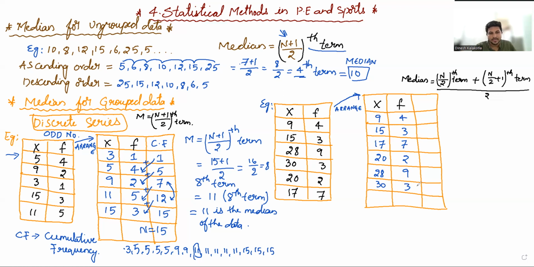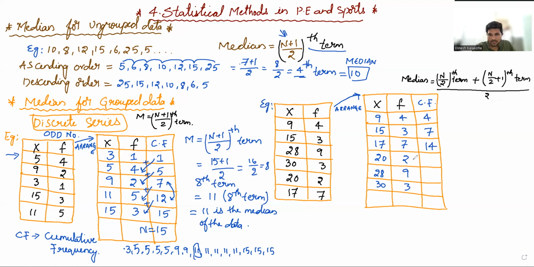The same thing, you have to take out the cumulative frequency first. Write as usual the first number. So 4 plus 3, this is 7. And 7 plus 7, this is 14.